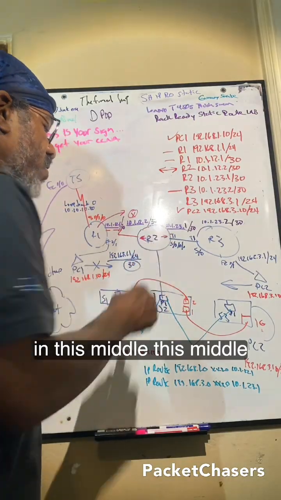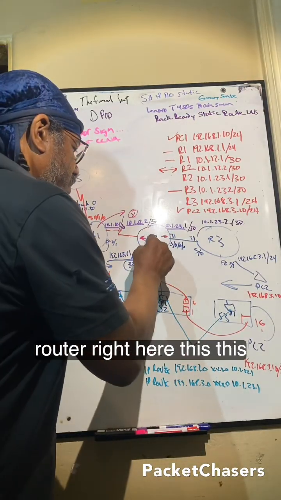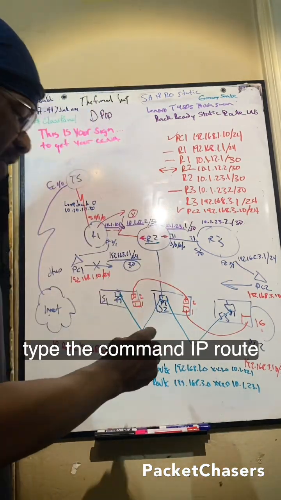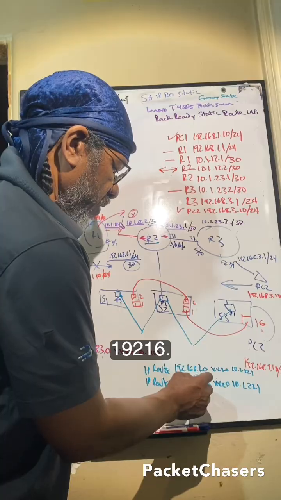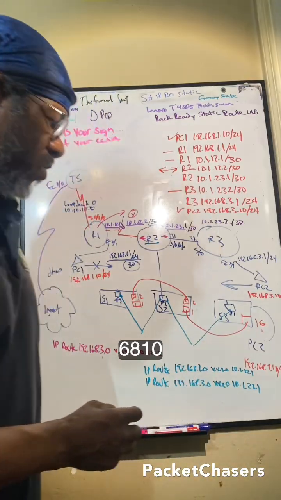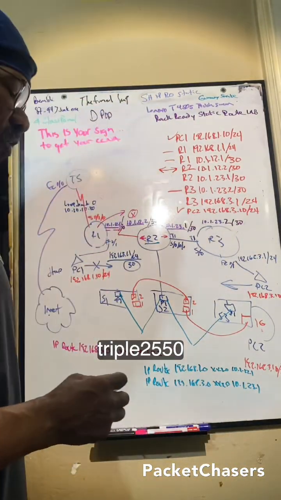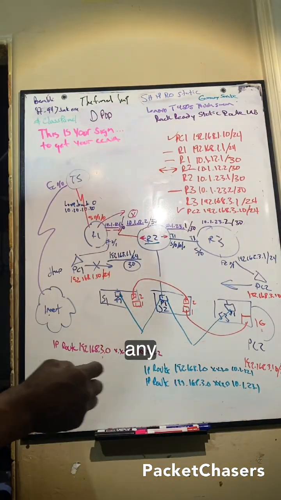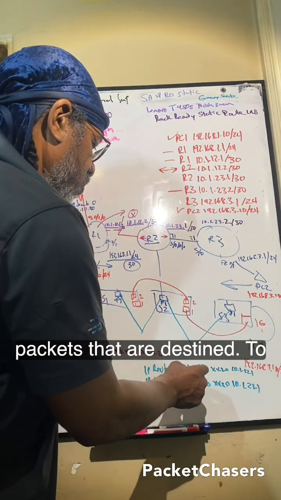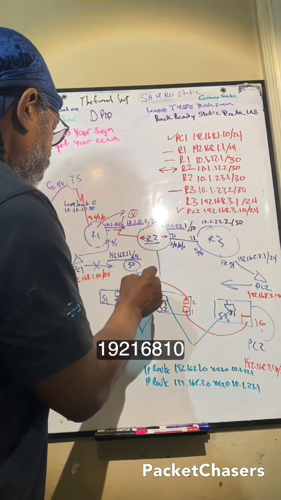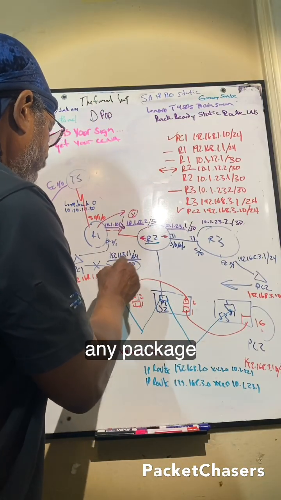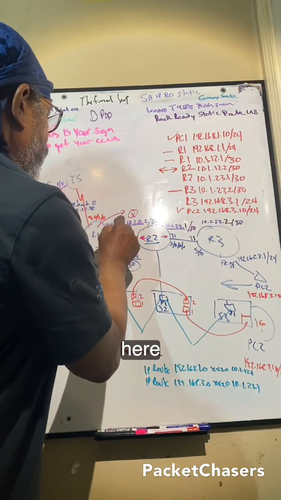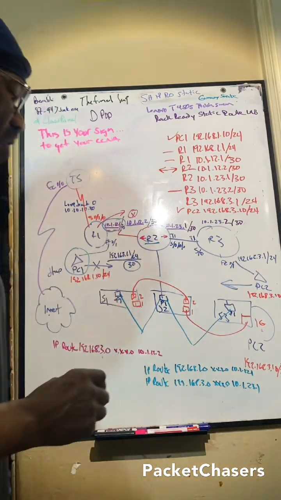In this middleman router, we're going to type the command ip route 192.168.1.0 255.255.255.0 10.1.12.1. Any packets destined for 192.168.1.0, we're going to send to 10.1.12.1.